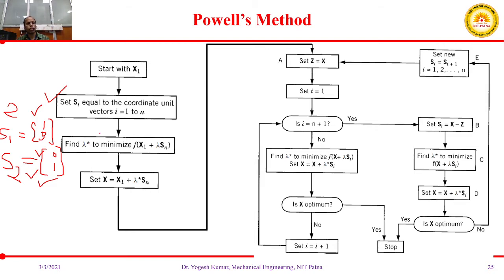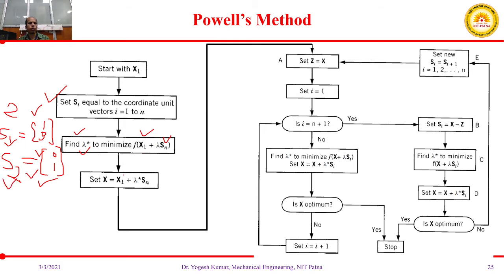And now after this, we will try to get the value of lambda in such a way that you are able to minimize your given function x1 plus lambda sn. Here sn is your search direction. It may be s1 or it may be s2.